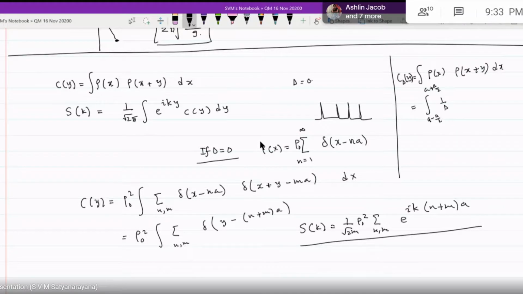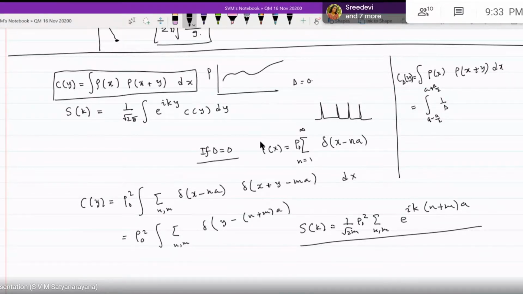So actually, what is the density correlation function, sir? That's why I am defining it here. C of y is a density correlation function. That means you have density. Let's say you have some kind of a density like this. Let's say this is your rho of x versus x.